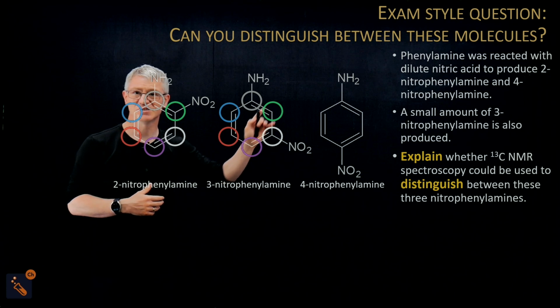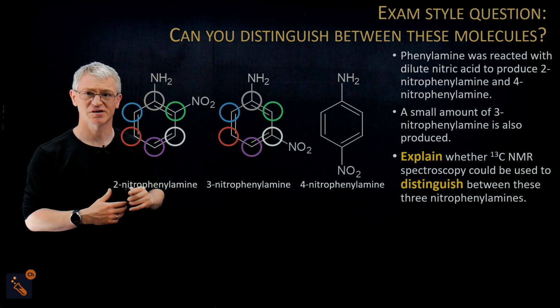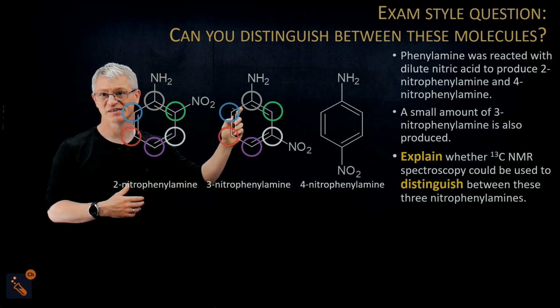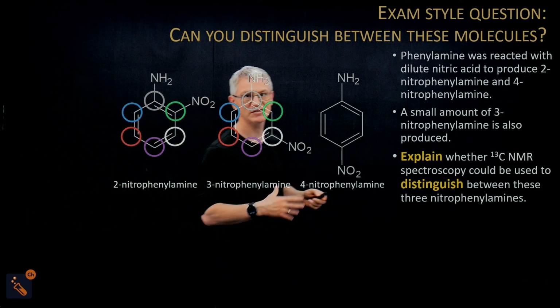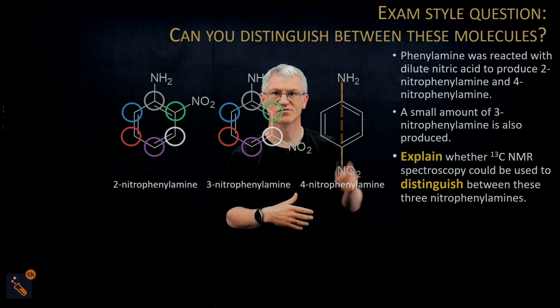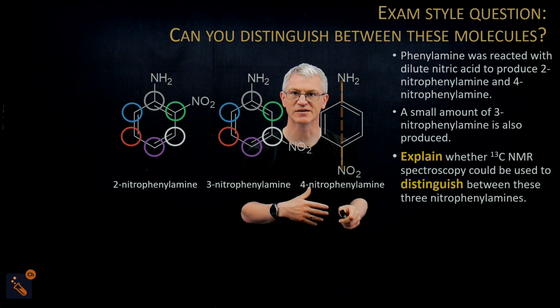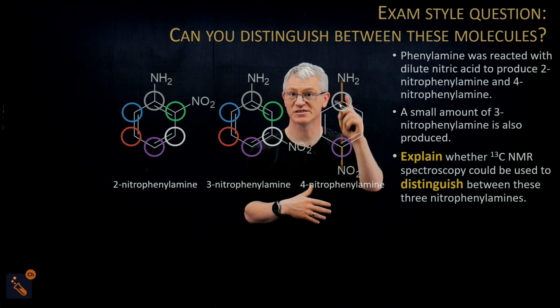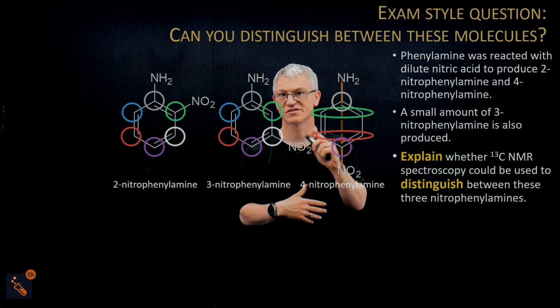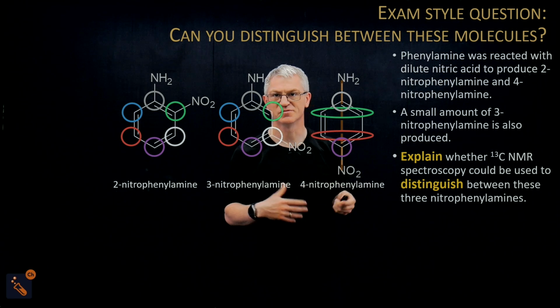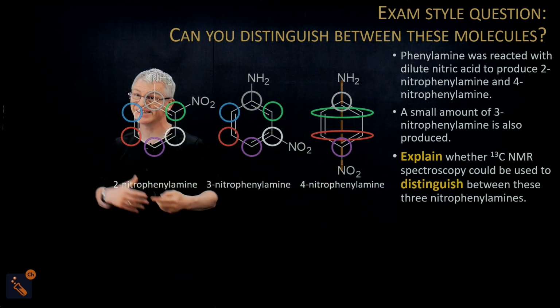Next one, there's no symmetry here either, which means that you will get 6 again. But if we go for the next one, we've got symmetry going down here, which means they're different, but these two are the same as each other. So it's 1, 2, 3, 4. You can differentiate, and this is really, really common.